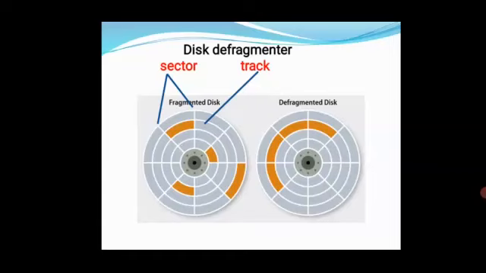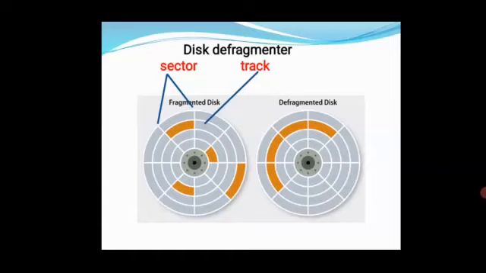So disk defragmenter is one type of utility program. What is the use of this disk defragmenter? It joins the split files and stores them in the disk in a continuous, consecutive location. Did you understand, student? This is the fragmented disk, this is the defragmented disk.